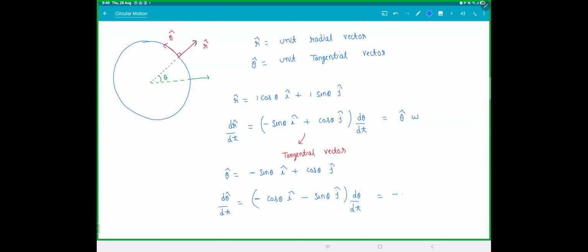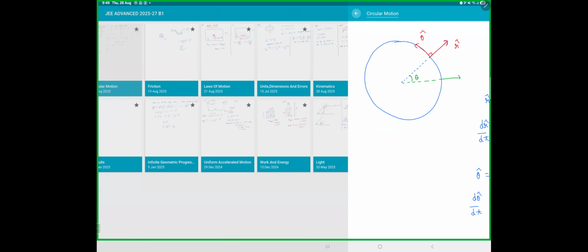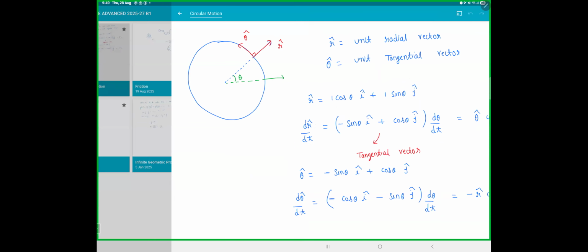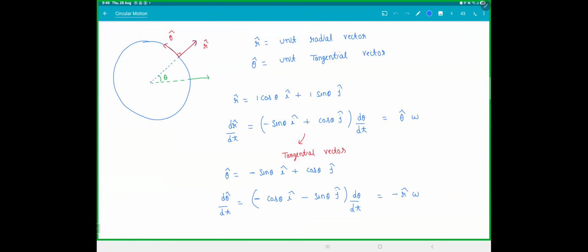If you notice this is nothing but minus r cap into omega. Have a look at this, what we did. So when you differentiate r cap, you get theta cap. When you differentiate theta cap, you get minus r cap. And do you remember this where we did? We did a problem in vectors. If you remember, every time you differentiate a vector, it rotates by 90 degrees. Do you remember? Okay with this.